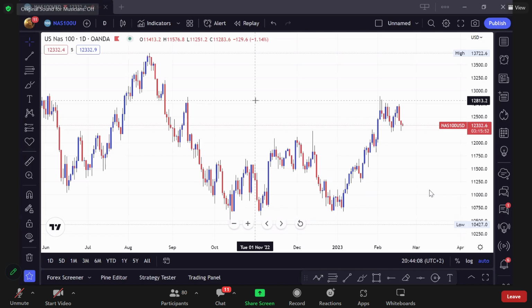So basically a break of structure, which we call a BOS, is simply the break of structure, bullish or bearish, which respects the trend. You with me?